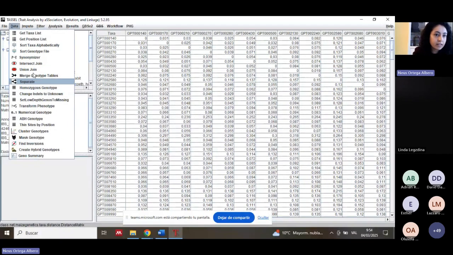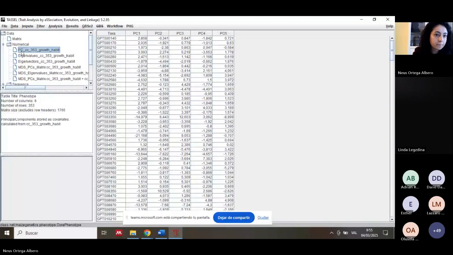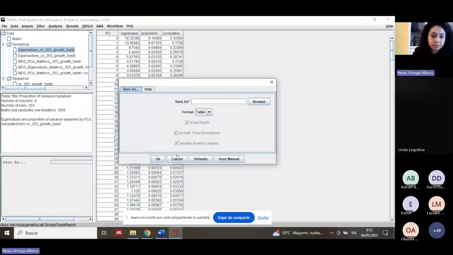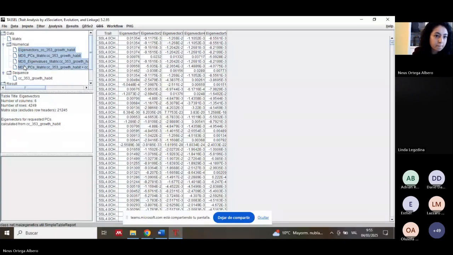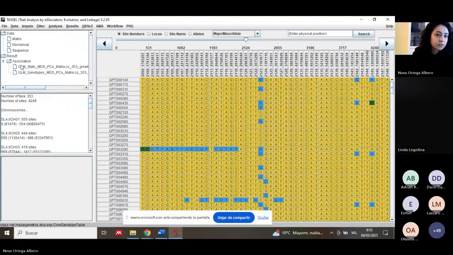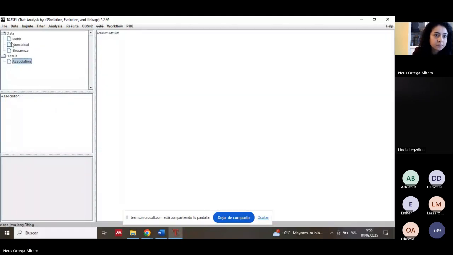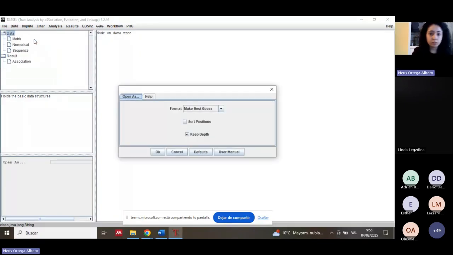I'm going to remove all the data from the previous analysis. The data sets, association, sequence. Now I have an empty screen. So let's go to open the phenotypic data.